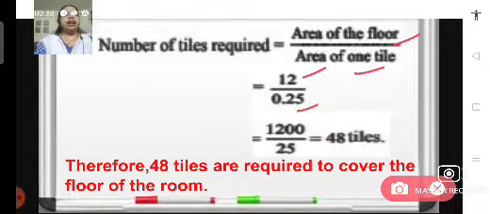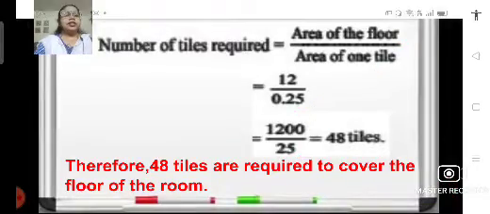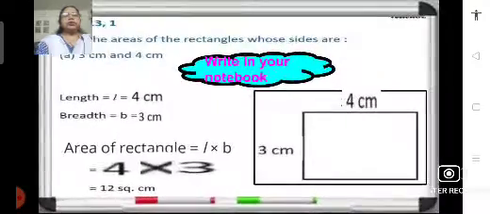So, if we divide 12 by 0.25, that means we divide 1200 by 25, we get 48. So, the number of tiles required is 48 to cover the floor of the room. This problem is very important.